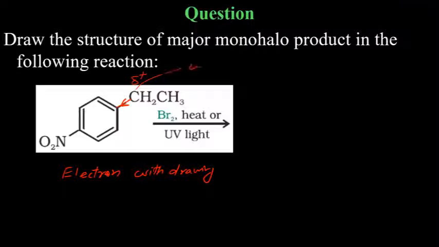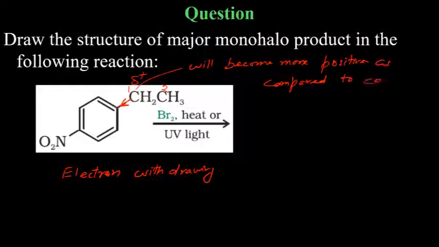So this carbon will become more positive as compared to carbon 2. The bromine being nucleophile will attack on that carbon which is more positive. So that's why bromine attacks on this carbon, not on the second carbon.